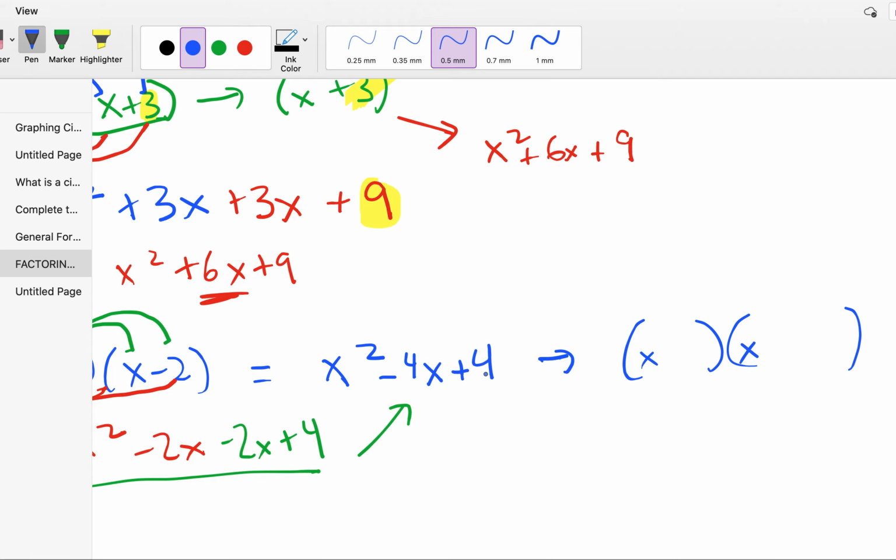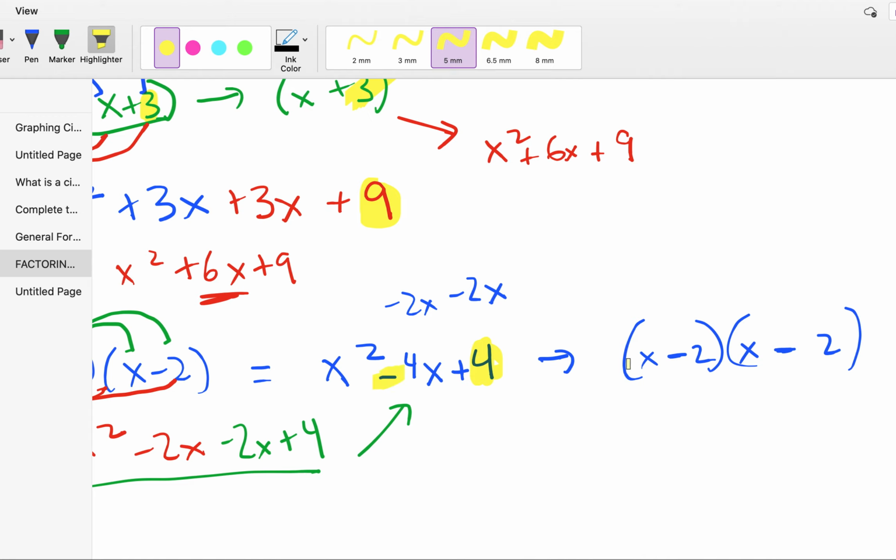I know there's going to be 2 times 2 to make the 4 at the end. The only other thing is I need to check the sign. So 2 times 2 makes 4, but so does negative 2 times negative 2 makes 4. So when I add them in to get the center, I can see it's going to be negative 2x and negative 2x. So I want to make it negative.